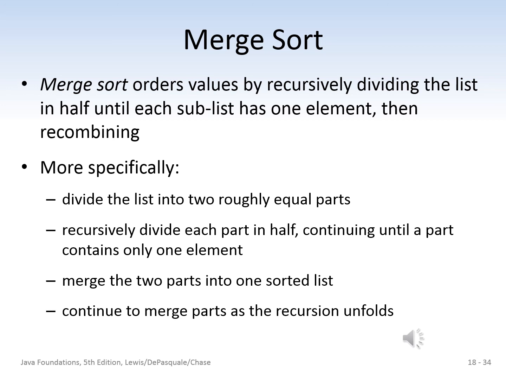Then it will recursively divide each part in half. And it will continue doing that until a part contains only one element. Then it will merge the two parts into one sorted list. And it'll continue to merge parts into sorted lists as the recursions unfold.